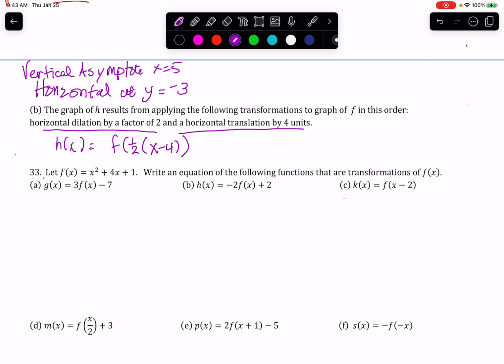If you're talking about the x value, that would be multiplying by 2 and then moving it right 4. So you started at 5, so 5 times 2, which is 10, and 10 plus 4 is 14.